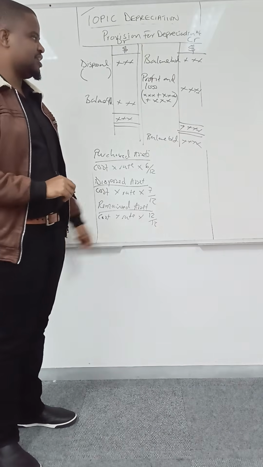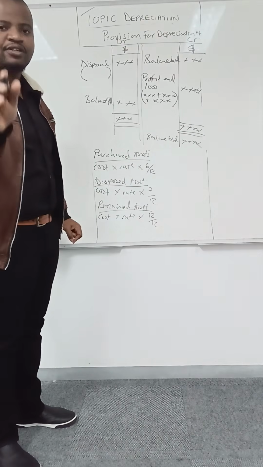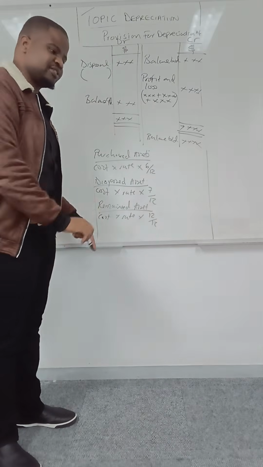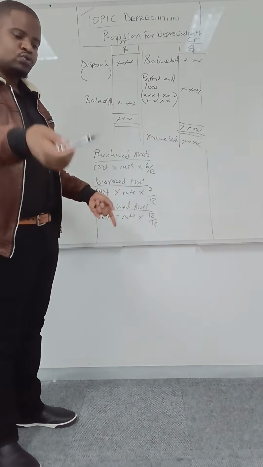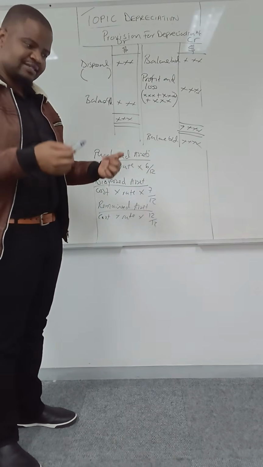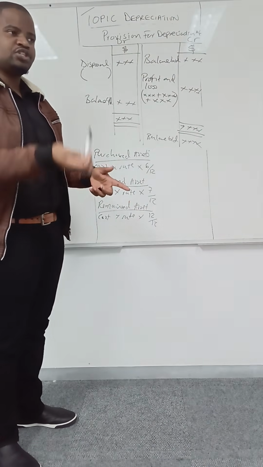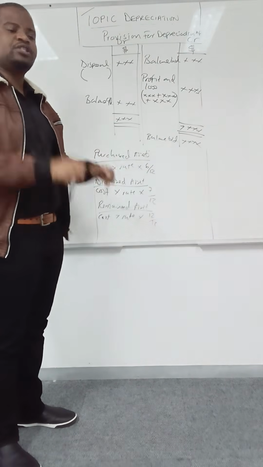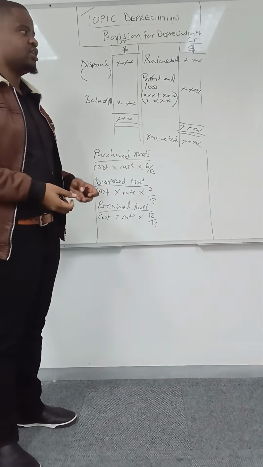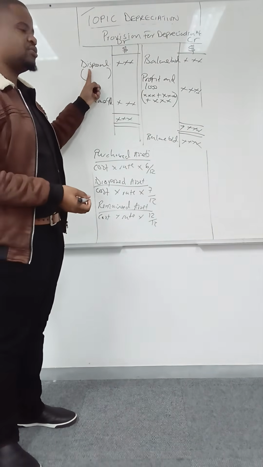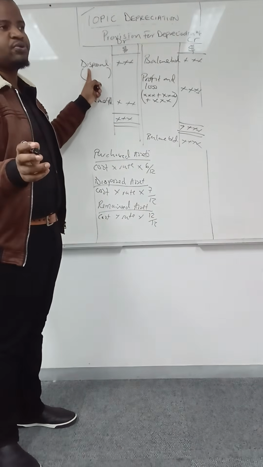But if they say depreciation is not charged in the year of disposal, it means we charge from date of purchase up to the year before disposal. Let's say we sold the asset this year, we charge depreciation from when we bought it up to last year, not this year. So what is important here is that we charge depreciation from date of purchase to date of disposal, if there is no condition.